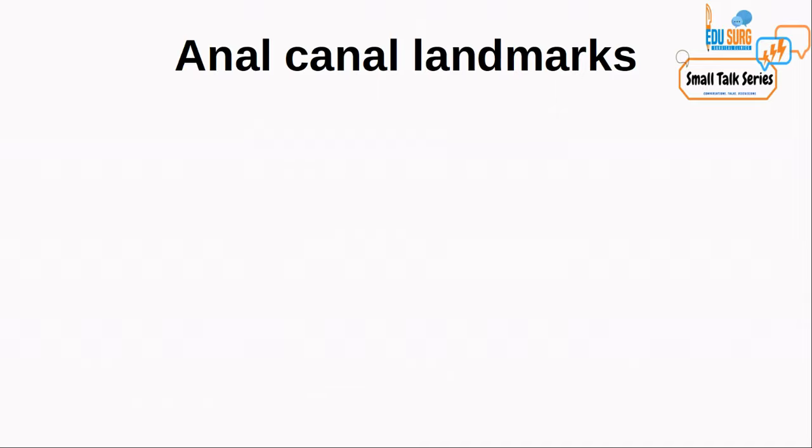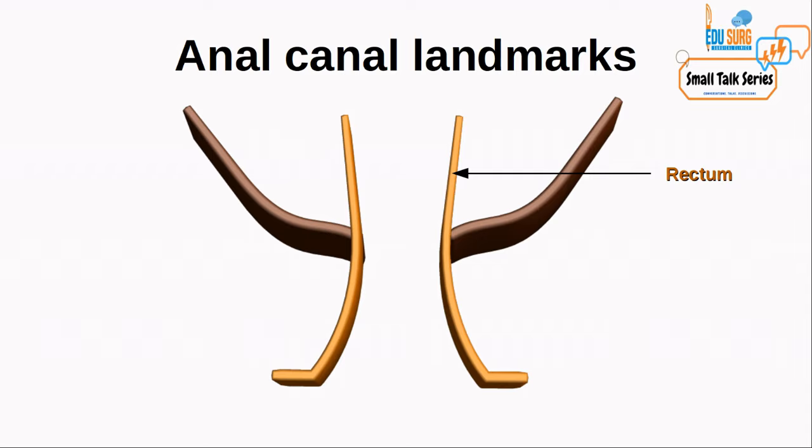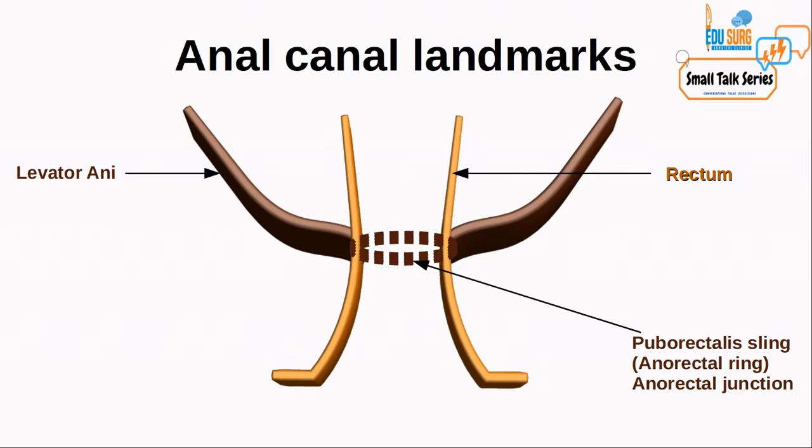As we have seen, and I am sure most of you would have seen this image, the rectum and the anal canal are divided by what is known as the levator ani or the pelvic floor. This levator ani forms an anorectal ring which we can palpate during the per rectal examination, right?